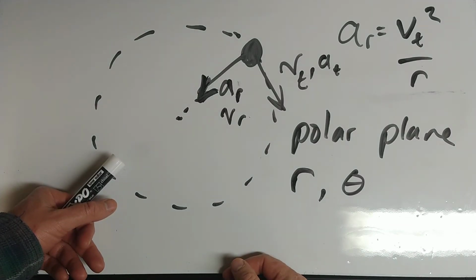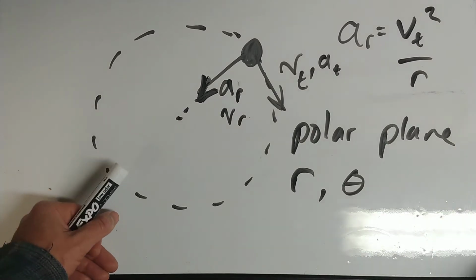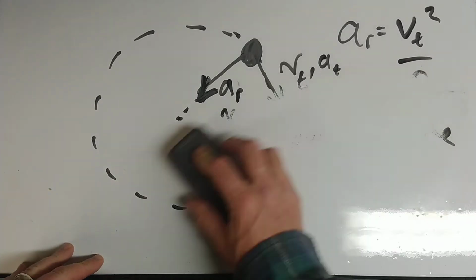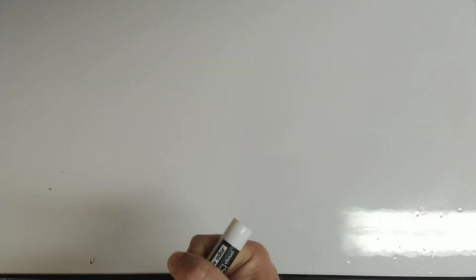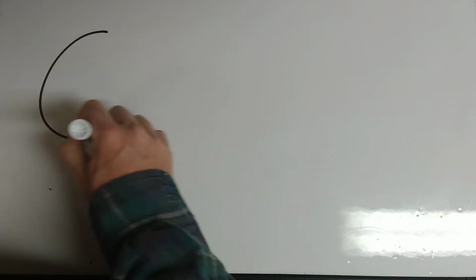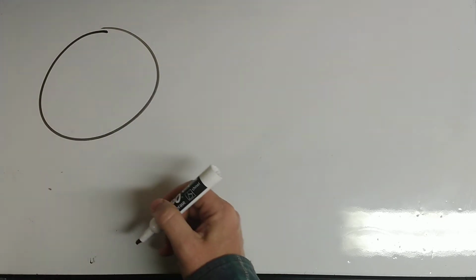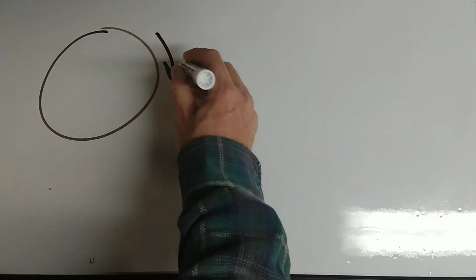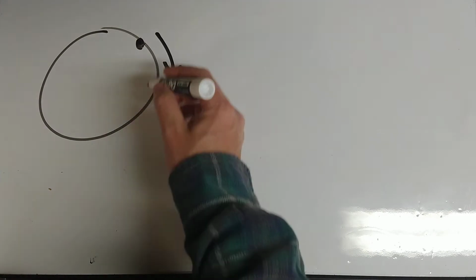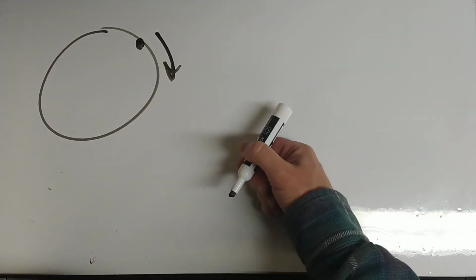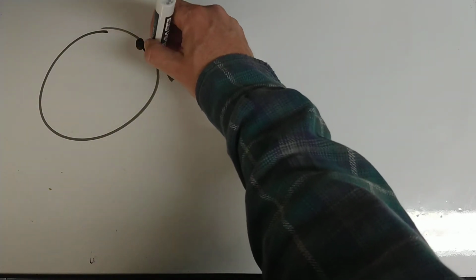So what the heck does this mean? Well, let's talk about something going around in a circle really quick, and then the kinematic variables we use. Let's talk about a turntable spinning, or a particle at the edge of the turntable going around in a circle. What's its velocity? Well, it's got some tangential speed.